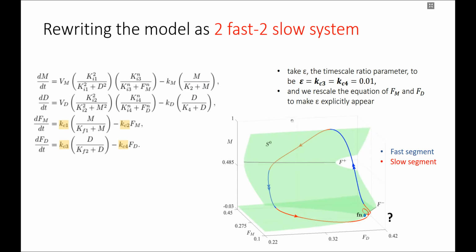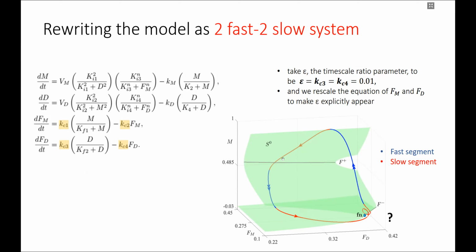But one of the advantages of using mathematical models to study complex phenomena is that we can visualize how one variable changes with respect to the other variables in the state space of the system. So here, if we plot the solution trajectory of the system, what we see is that it consists of two fast segments that are quasi-vertical and two slow segments that follow very closely this green surface that I will define later.